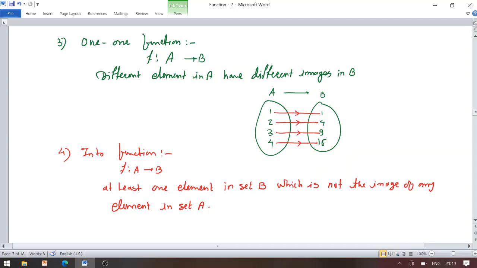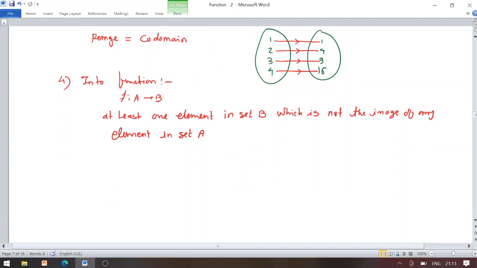So what about the range of the 1-1 function? The range of the 1-1 function is exactly the same as your codomain. While in the case of the into function, firstly we will take an example.